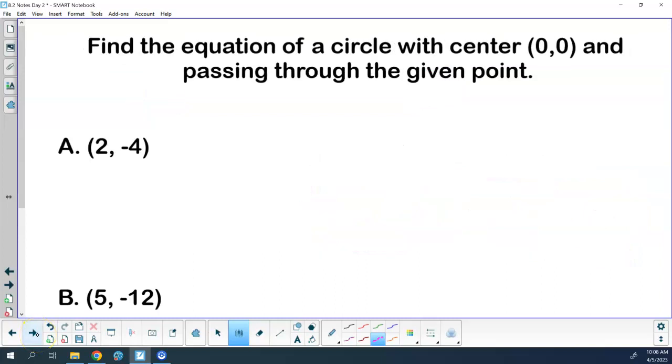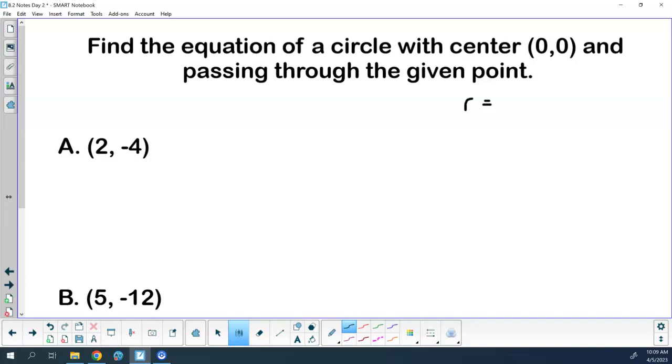Now, I might tweak it by giving you, writing the equation of a circle with center at 0, 0, and passing through a given point. This is a classic NTC style type problem. What you need to remember here is something called the distance formula. But instead of calling it the distance formula, I'm going to call it the r, the radius formula, because the distance from the center to any point on the circle is the radius.